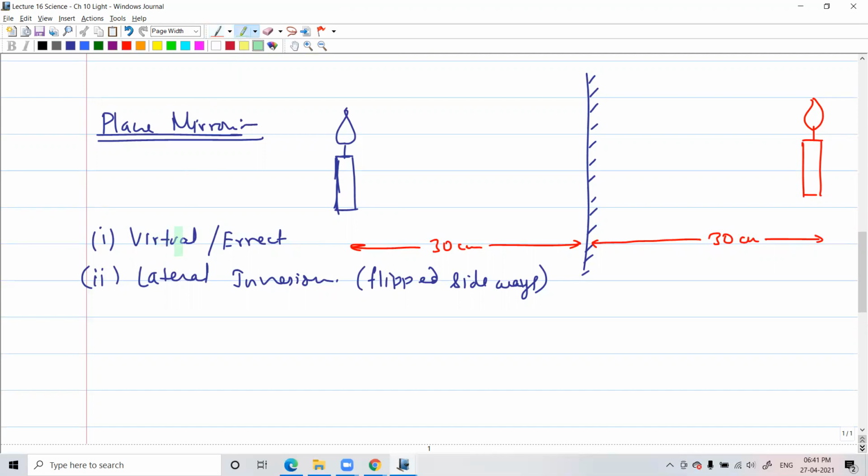And does everyone understand the words virtual and erect? I know some of you were there in the class when I taught this in the previous class, but some of you were not there. So who all understands this? Erect? What does it mean to say that it is virtual? What is erect?